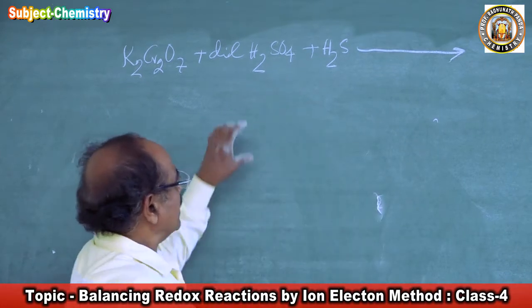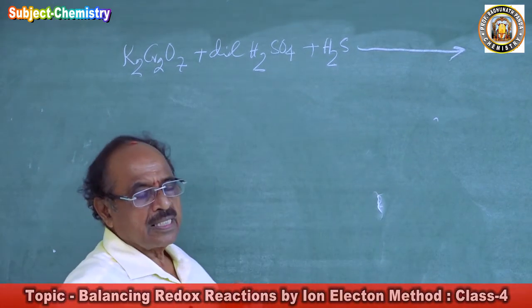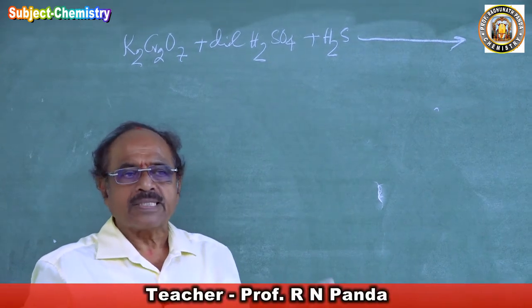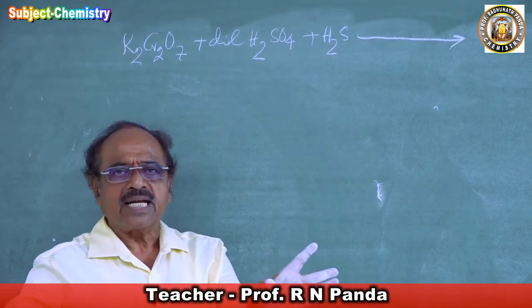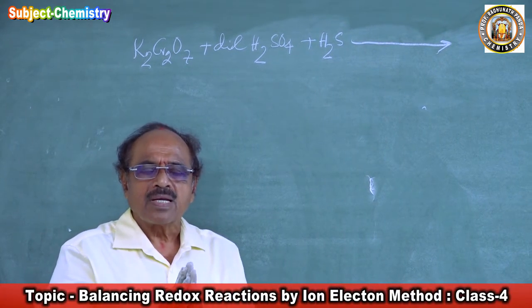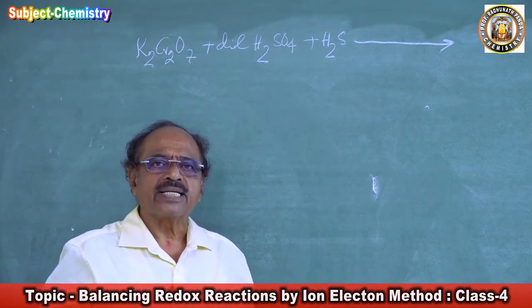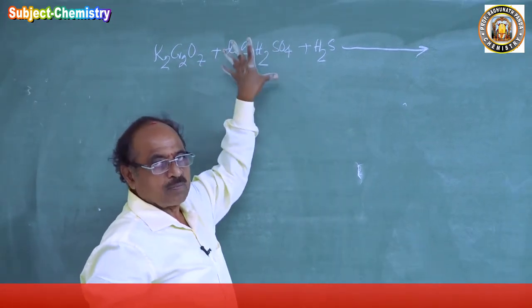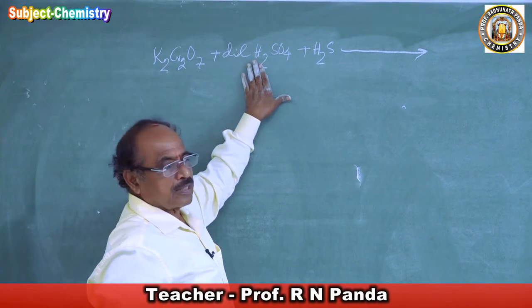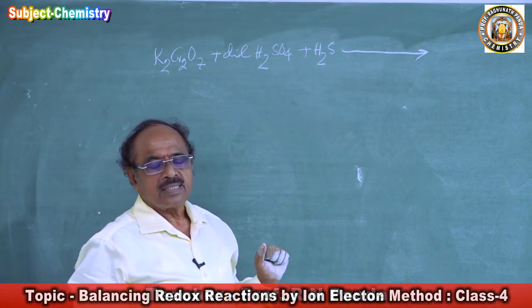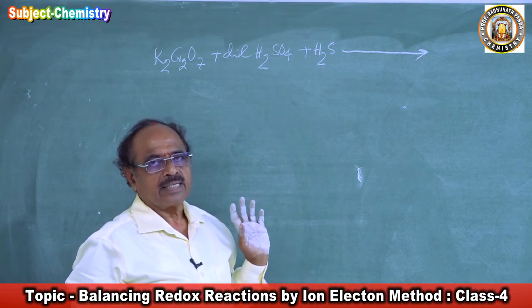This method I am teaching you students because in the book, what happens is he has given the left side, and the right side, and asked you to balance the equation. I am not doing that. I am trying to get both left side and right side. So I am giving you the reagents: potassium dichromate in dilute sulfuric acid reacts with H2S; find out the product and balance them in ionic form.